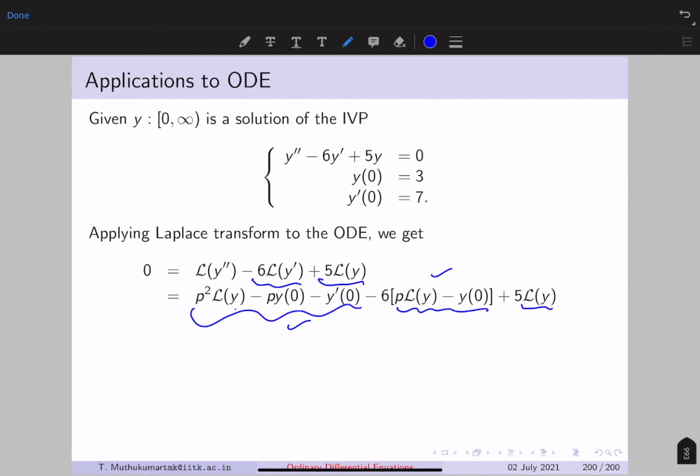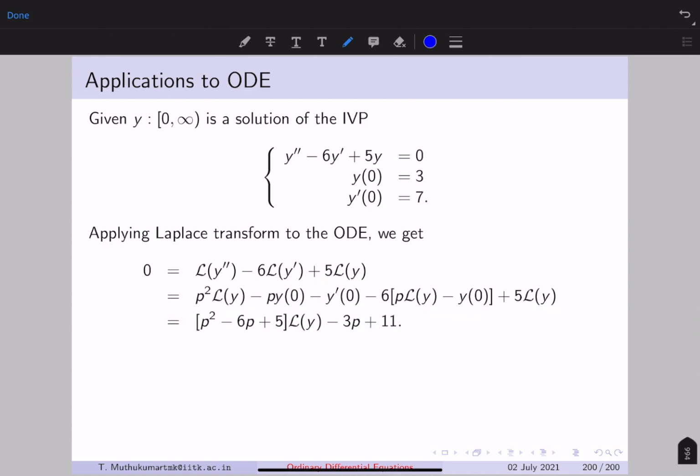Now y of 0 is 3 and y prime of 0 is 7, so these two values are given and you can substitute them. Similarly, y of 0 is given, so you can substitute here as well, right? So what remains is only terms depending on the Laplace transform of y.